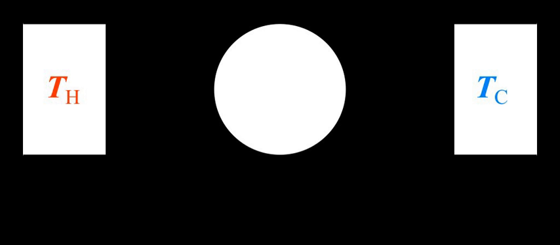We denote the canonical probability distributions for the Hamiltonian and the trial Hamiltonian by p_r and p̃_r respectively.